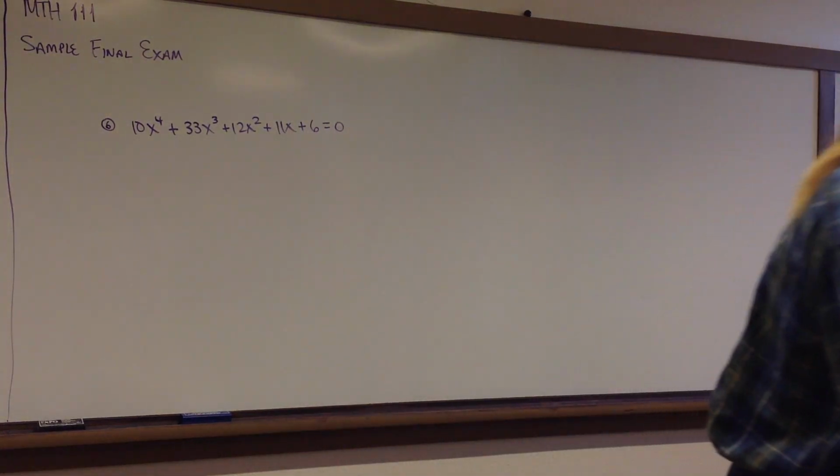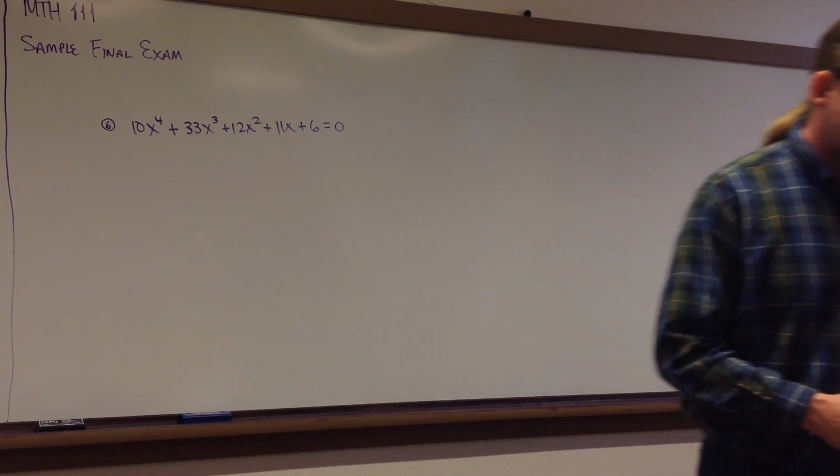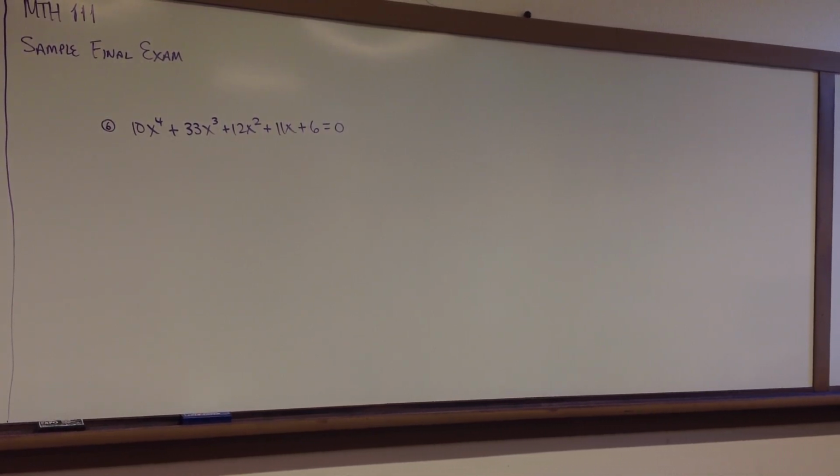Okay, well let's see. Let's take a look, see what this graph looks like. Alright, the 4th, 33x cubed, 12x squared, 11x plus 6. And again, I encourage you to double check what you've typed in there to make sure that you haven't mishit any keys.